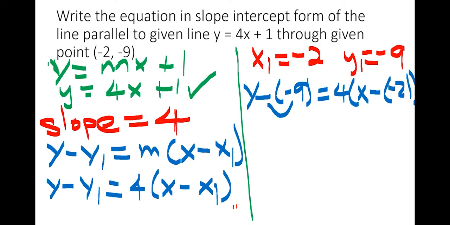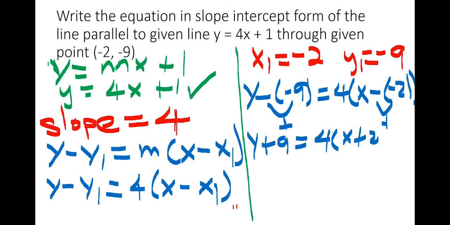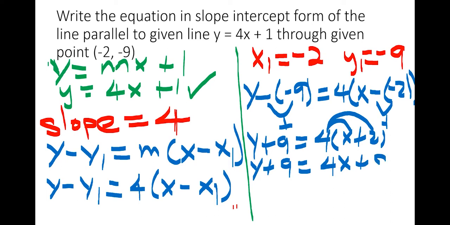We see this will become plus and this will become plus. We have y plus 9 equals 4 times x plus 2. We simplify now. y plus 9 equals 4x, because we are going to distribute this 4 to x and 4 to 2, so we have 4x plus 8.